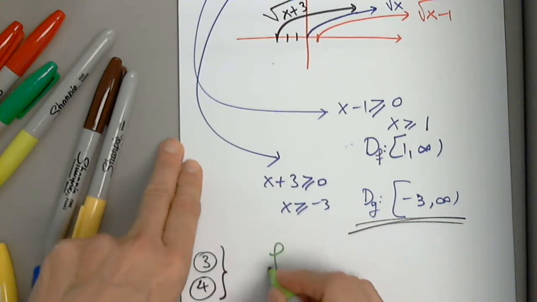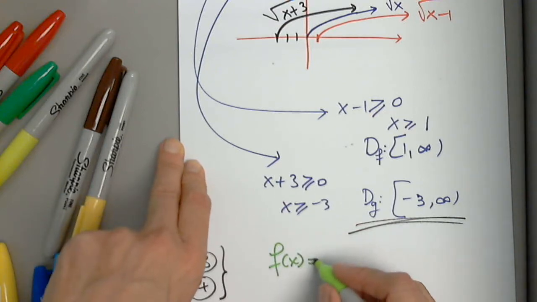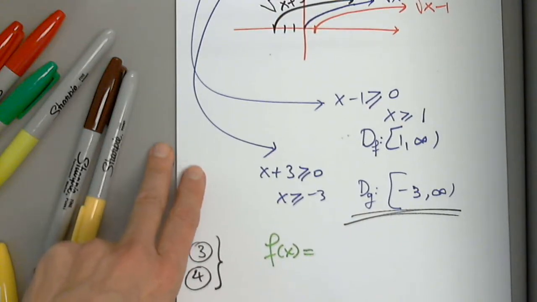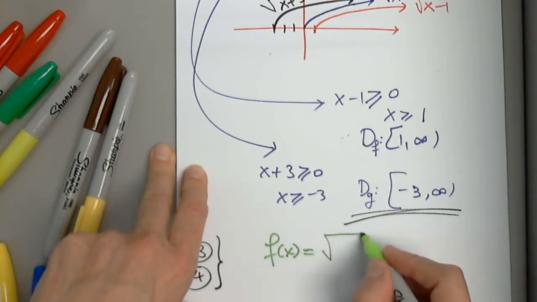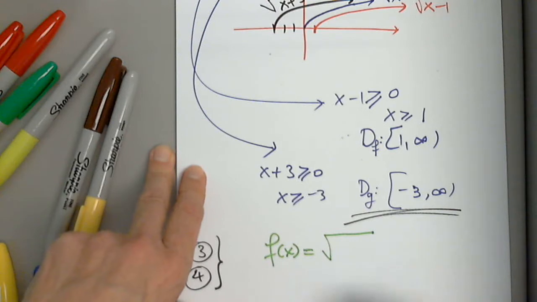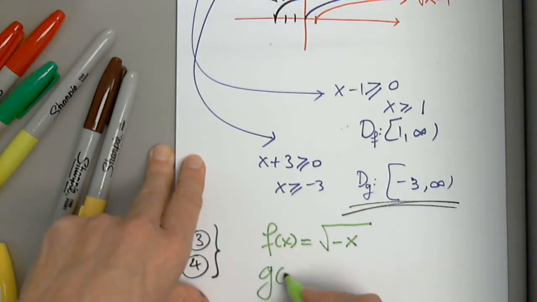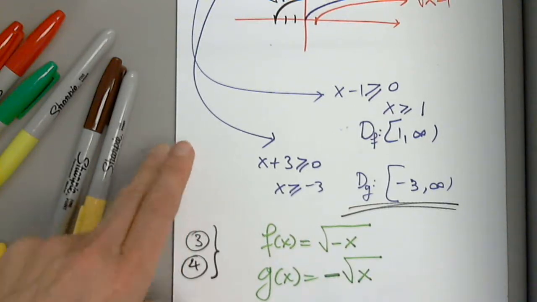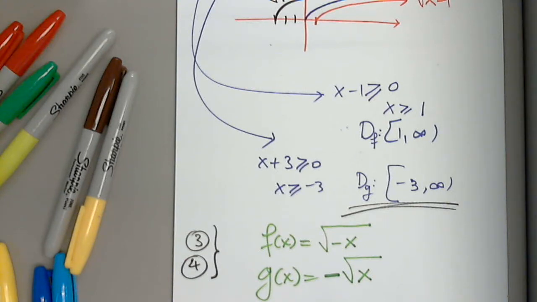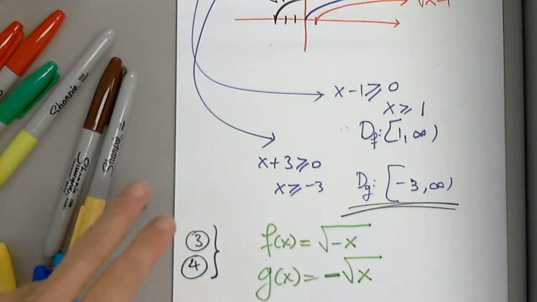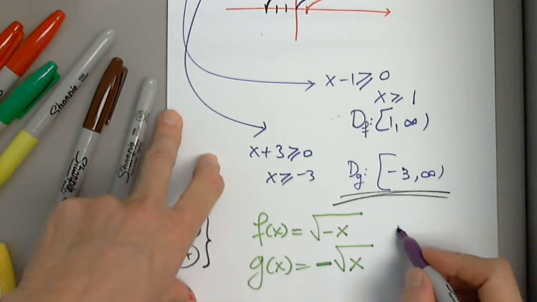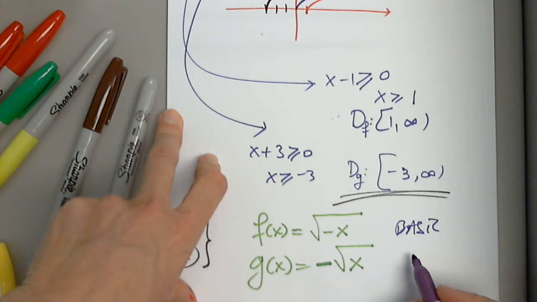Okay, so then I would like to graph f of x, which is the square root of negative x, and I will write a graph g of x, which is negative the square root of x. Again, I'm going to ask the same question: which function was used to create these two? What basic function did we use?